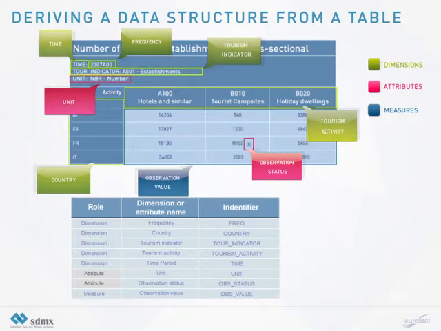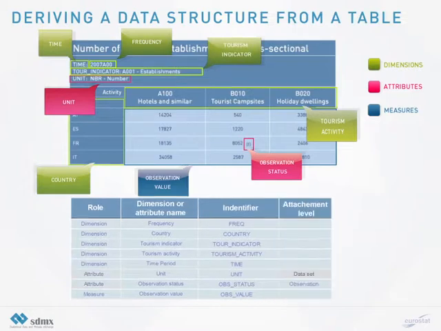In our example, the unit explains the entire table. It is attached at dataset level. The observation status explains only single figures. It is attached at observation level. In SDMX, it is also possible to attach attributes to a group of observations. This is not the case in our example.